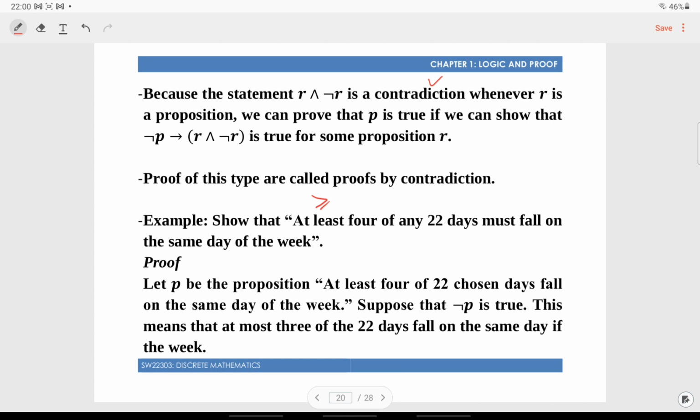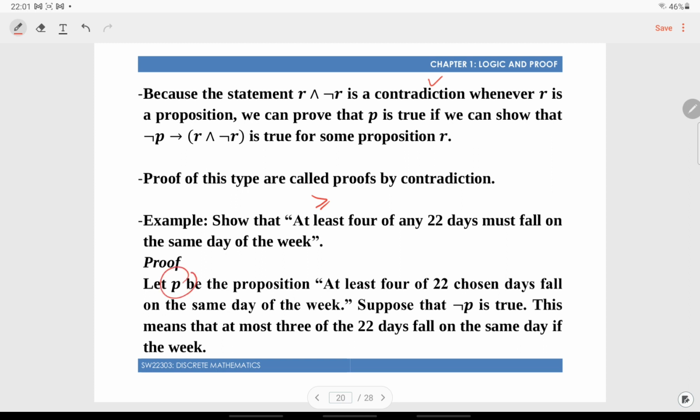First of all, let P be the proposition: at least 4 of any 22 chosen days fall on the same day of the week.